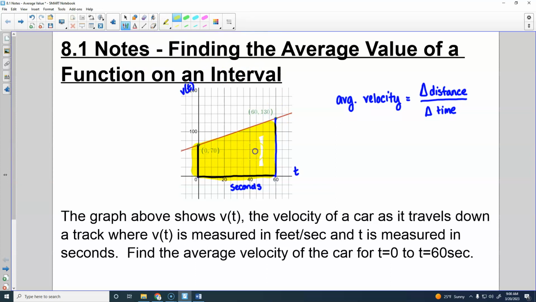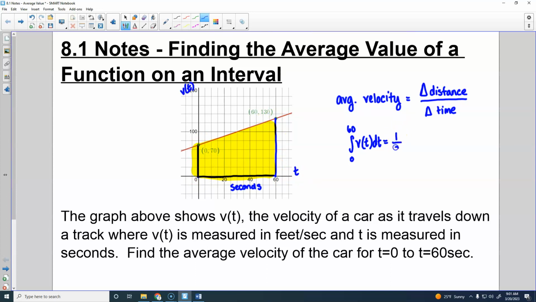right? And for this particular one, you've got a couple options. It's linear, so you could do the equation, or you can do the area. That distance is our integral from 0 to 60 of v of t dt, and we can just do the area of that figure, which is a trapezoid. This is kind of on its side, so the bases would be these two parallel sides, and the height would be 60.